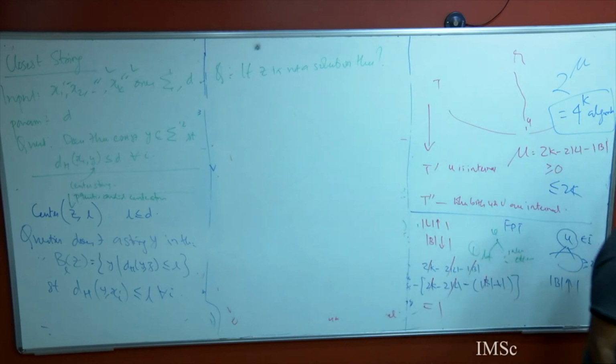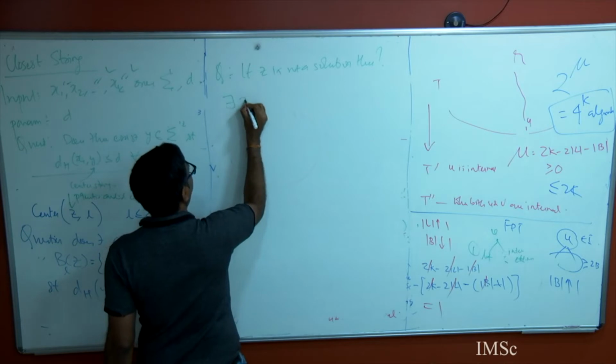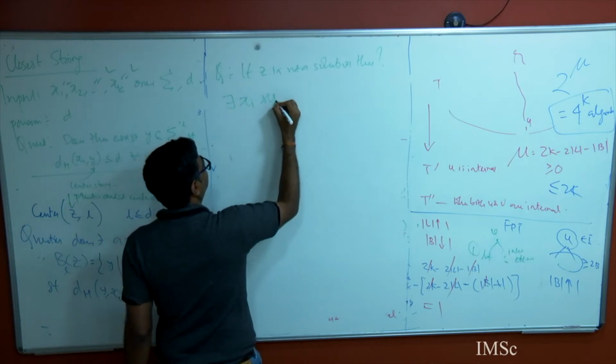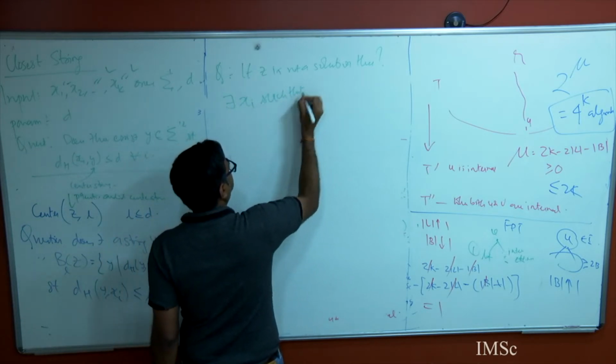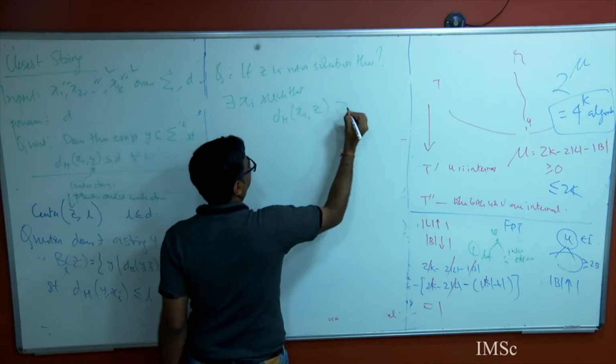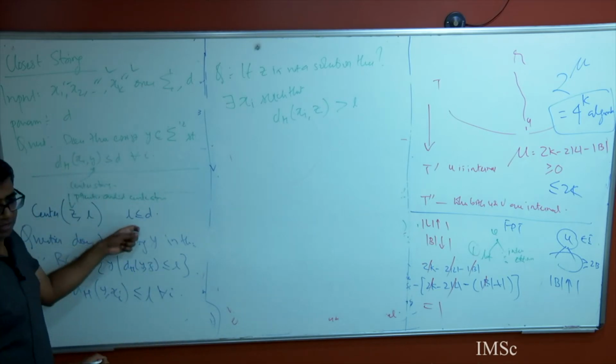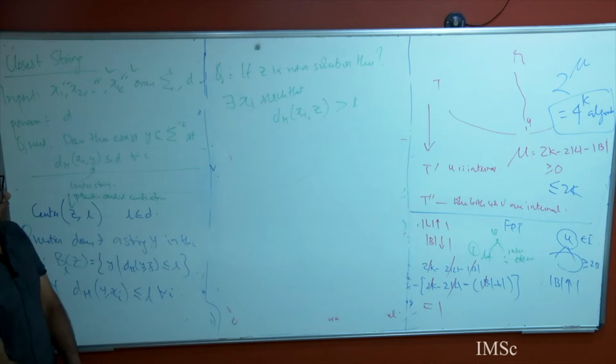If it is not, then what? Then as a contrapositive, what can we say? There exists a string xi such that the Hamming distance between xi and Z is more than L, because we had given a parameter L here. Agreed?